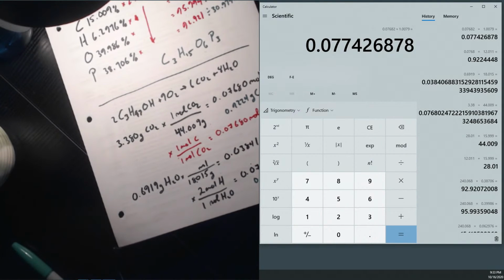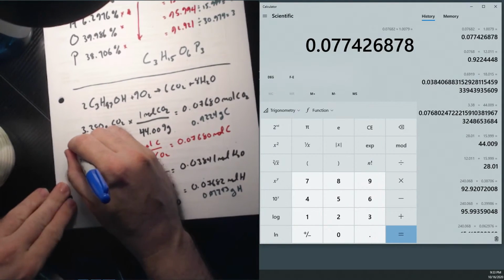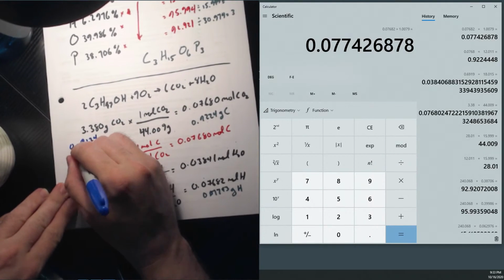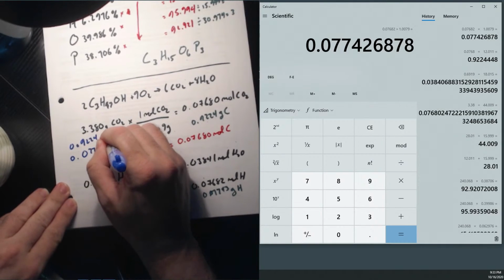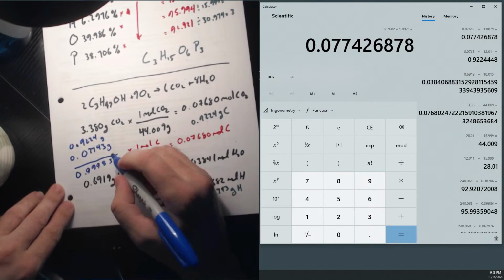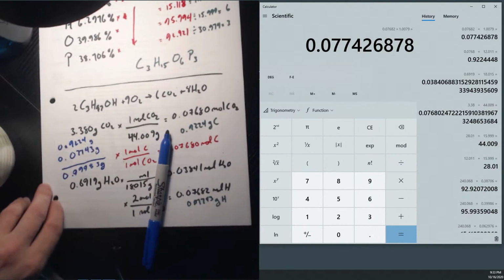Let's add those together and see if there's any missing mass. 0.9224 plus 0.07743 gives 0.99983. Okay. So barring rounding errors, this adds up to a total of 1 gram, which, if you look at the original problem, is the amount of the substance we originally started with.